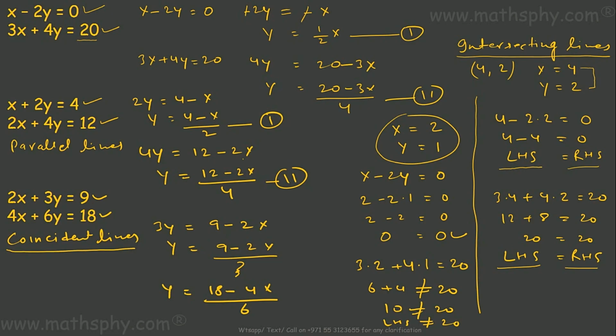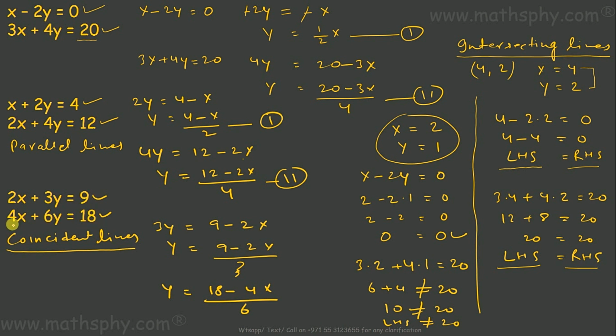Now the reason for this to happen is, if you look at this equation here and this equation here, both the equations are actually the same. If you multiply both sides of this equation by 2, you will get this equation here. 2x plus 3y multiplied by 2 gives you 4x plus 6y, and 9 multiplied by 2 gives you 18.